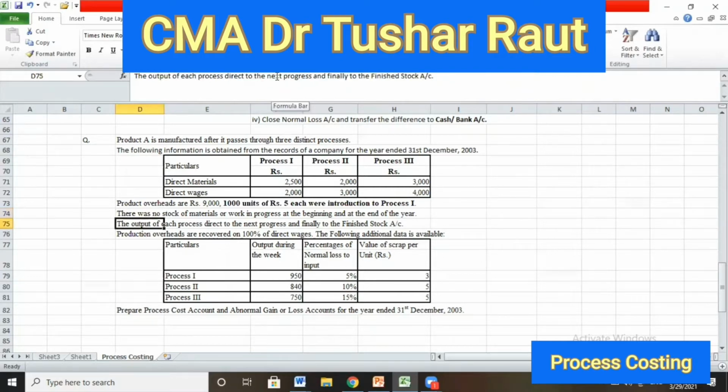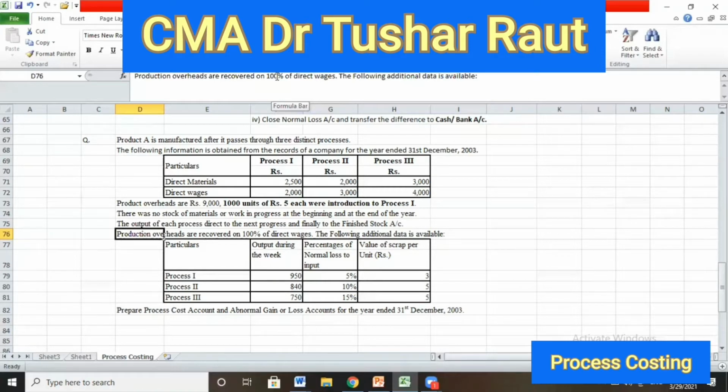Now the output of each process goes directly to the next process and finally to the finished product stock. This was the standard format we used to follow. The input for the next process is the output of the last process.